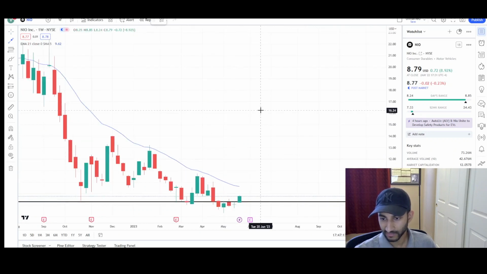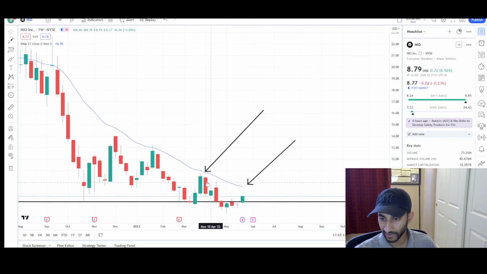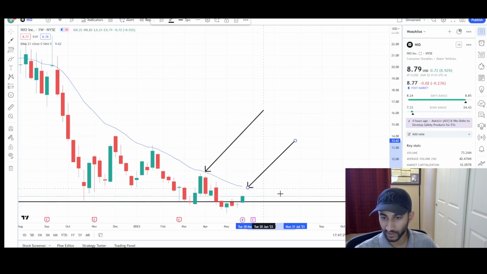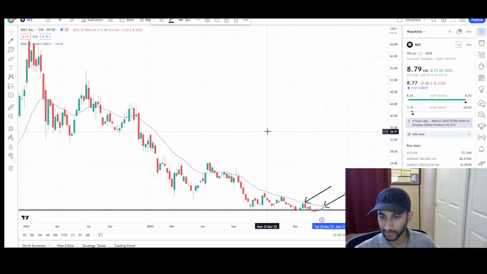We can probably continue to see that until we see a very large catalyst occur. Right now this EMA is right over here. We can potentially pull back a little bit more and then get rejected back down. If not, like I said before, NIO could reach the opposite side of the channel, but I think that's a lower probability. We'll see if that can occur.